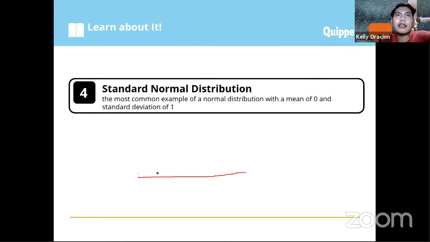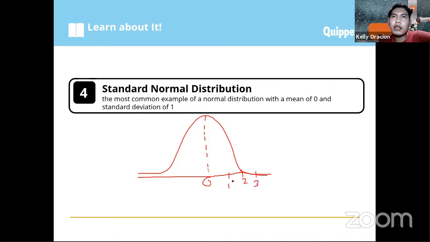The mean is 0, then 1, then 2, then 3, then negative 1, negative 2, and negative 3. So this is the graph of the standard normal distribution, the most common example of normal distribution with a mean of 0 and standard deviation of 1. Okay, again, this is the graph of your standard normal distribution.